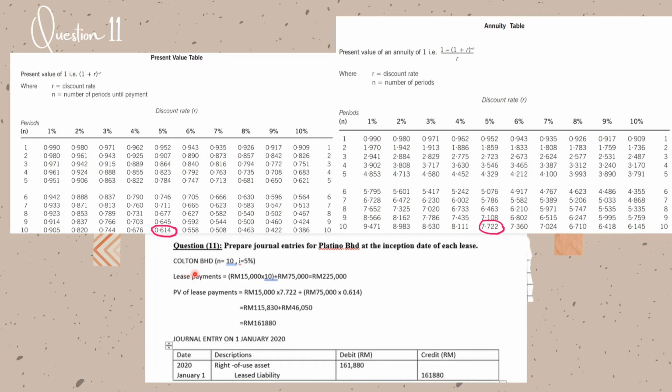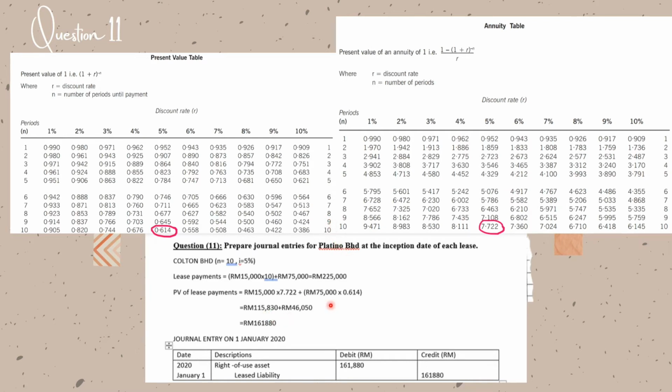We start with Colton Berhad. Colton Berhad has a lease term of 10 years and an implicit rate of 5%. Then we must find the PV of lease payment. 50,000 here refers to the yearly rental, multiplied by 7.722. We got it from the annuity table, discount rate at 5%, and the period equal to 10.